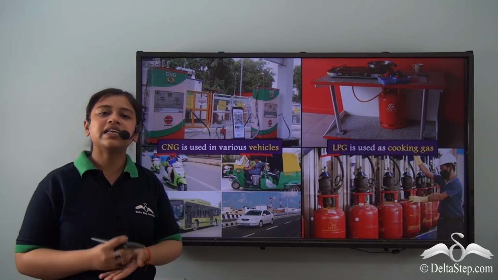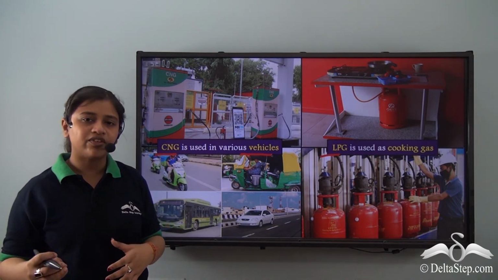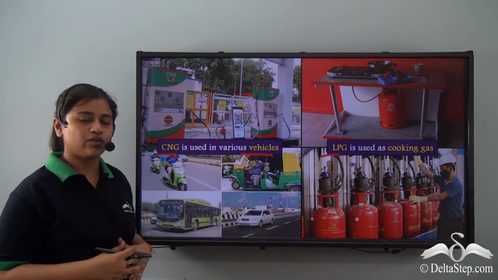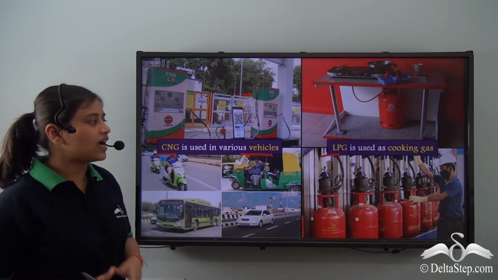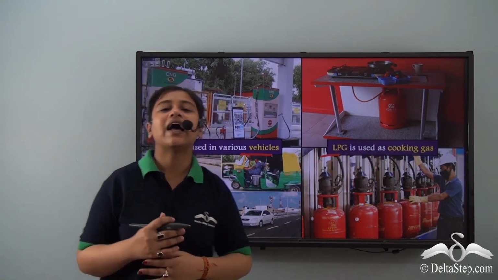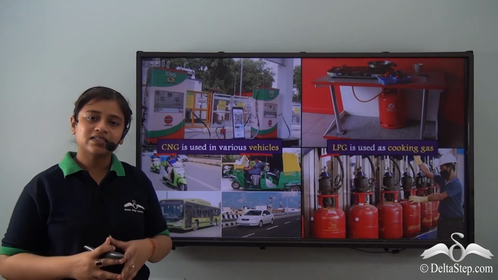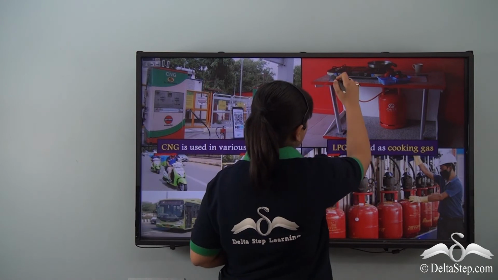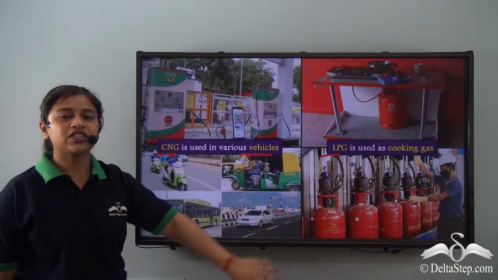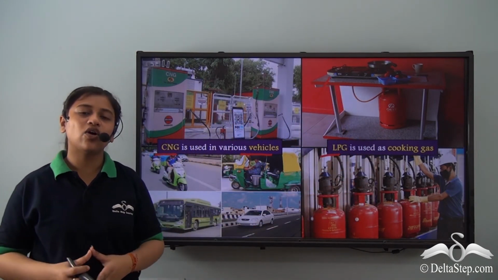It is believed to be a safer and cleaner form of fossil fuel in comparison to coal or petroleum. Other than that, LPG is used as cooking gas. The cylinders that we use at our homes to cook contain LPG, which is a product of natural gas.